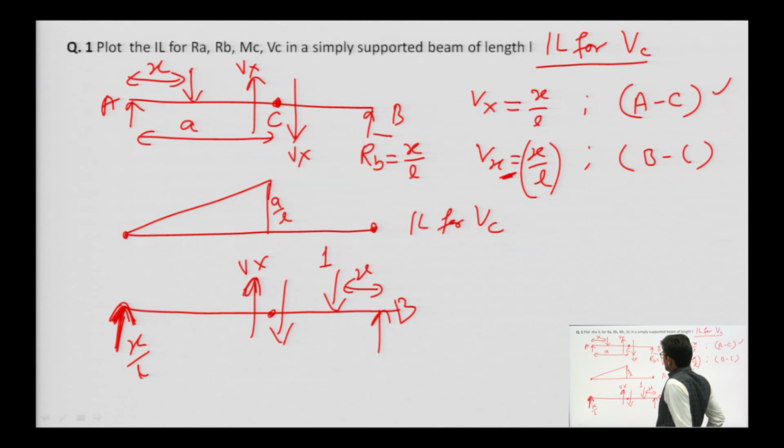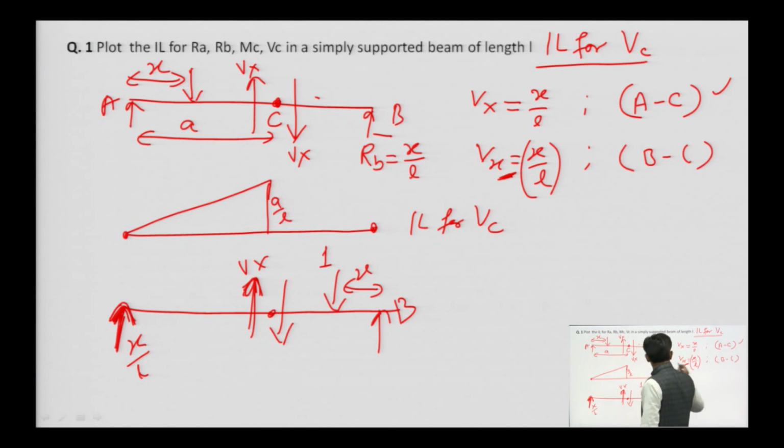If we apply the equilibrium equation, we will get a negative sign, because here the reactions were equal and opposite, so the value was the same, but here they are acting in the same direction, so that is why it will be negative.